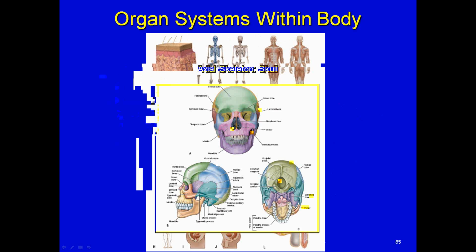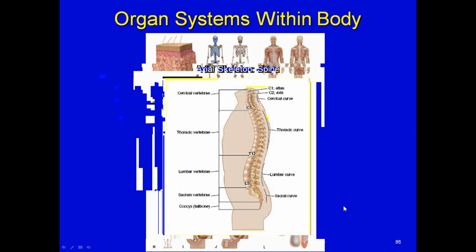Those 4 pairs of bones fuse together as an adult and become an inflexible box that does not give. And it has one opening in it, in the base of the skull. It's known as the foramen magnum, and that's where the spinal cord becomes the brainstem.